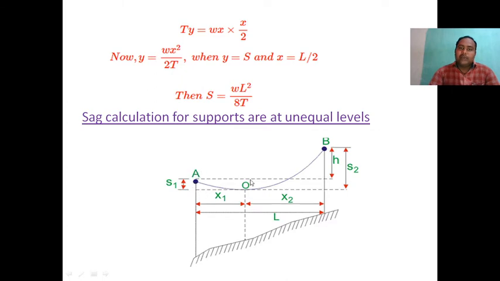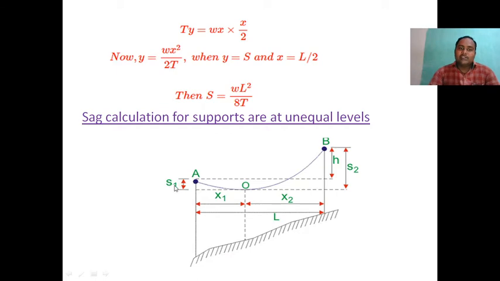So this is A, B, two supports, and point O is located nearer to A because the pole height at A is very low compared to B.